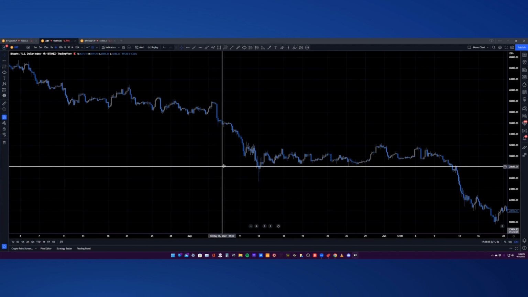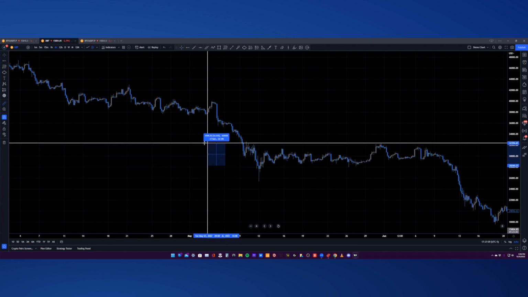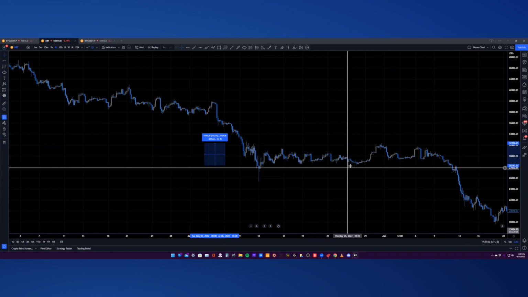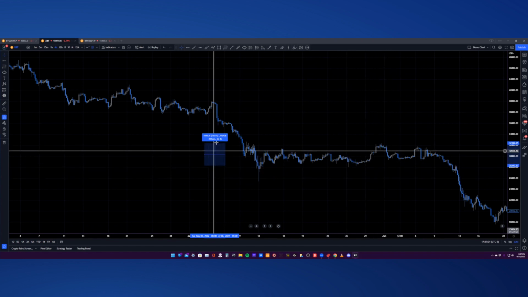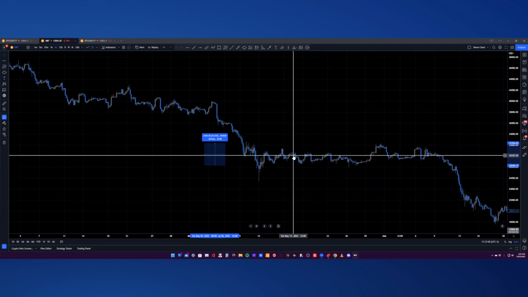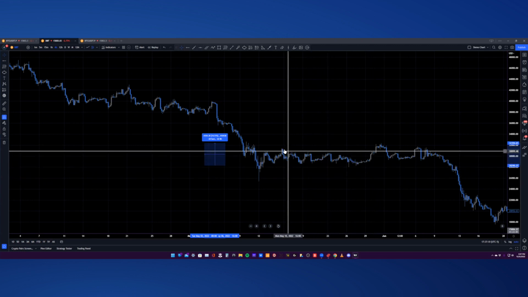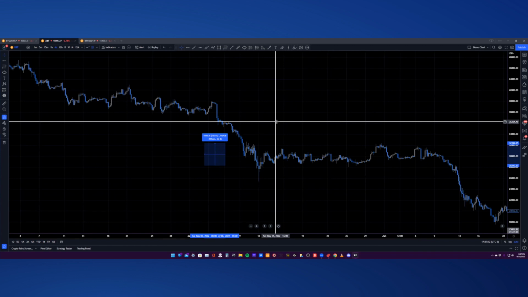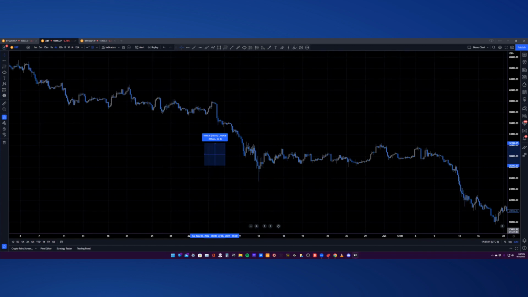But then look at this one. From this low to this high, 14%. So don't get discouraged, because this stuff is super, super obtainable.